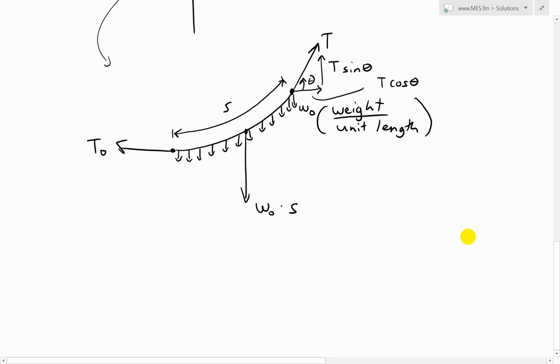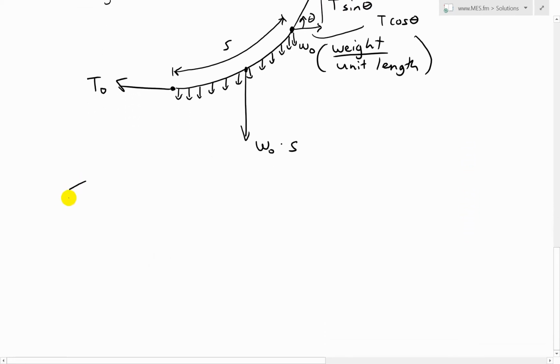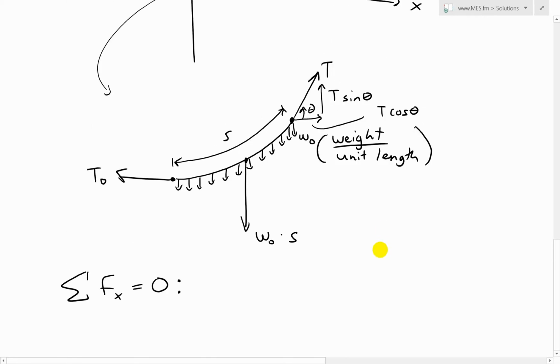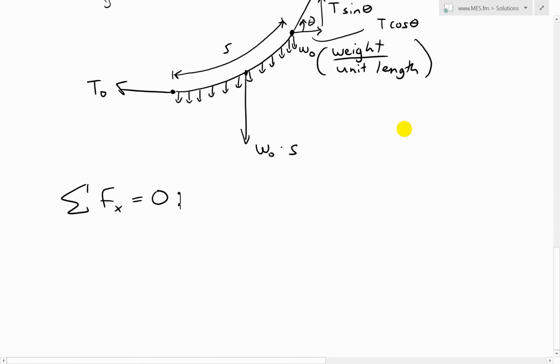And then as in method 1, we use equilibrium, so the sum of the forces in the horizontal direction x has to equal 0, so it's not moving. So then what we end up having is the horizontal one will have T0 equal to the horizontal component of this tension. That's the only horizontal force besides this one there, so we'll have T0 equals T cosine theta like that.